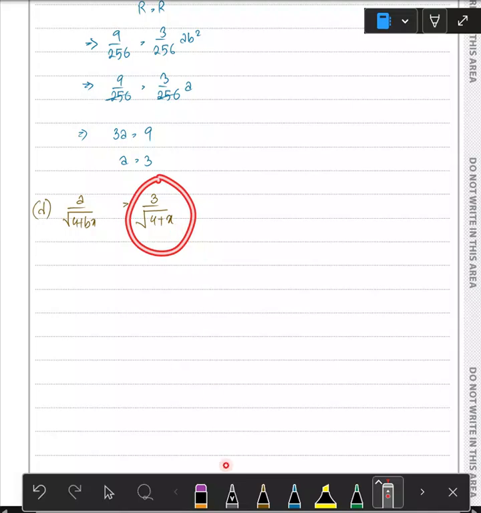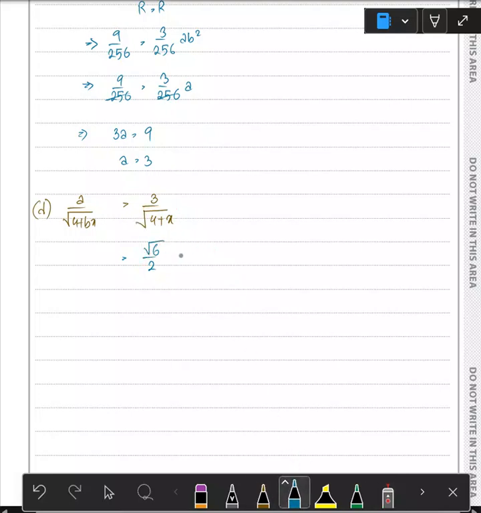So if you see, we need to make this look like this. Wait, let me just write the 6 again. Here the root is in the denominator, but here the root is in the numerator.